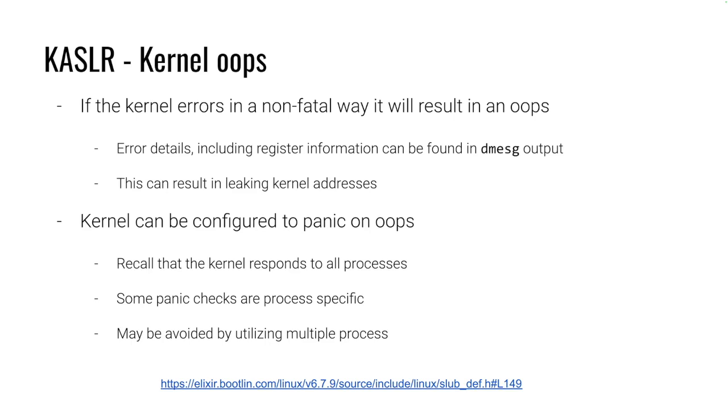One thing to keep in mind is that the kernel responds to all processes. And some of the panic checks occur within the context of a specific process. So if I had a process that is deliberately injecting bad addresses into the kernel and then causing the kernel to dereference them, that is something that the kernel could identify.